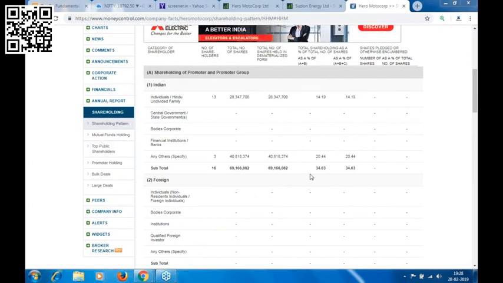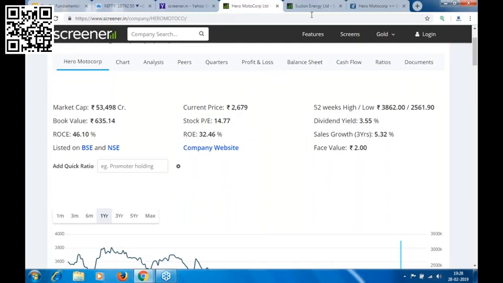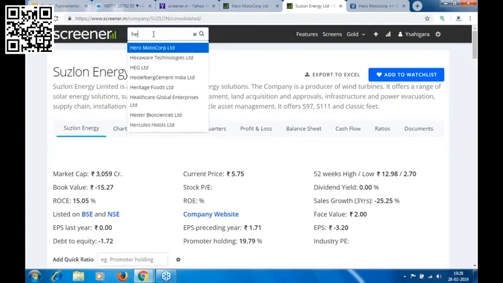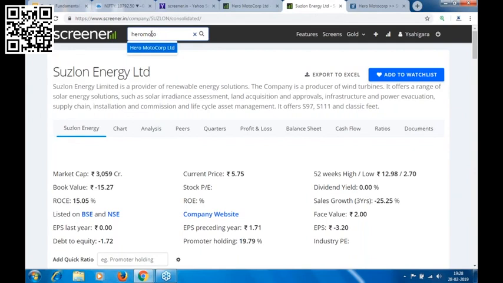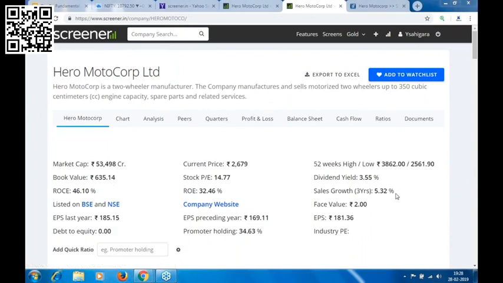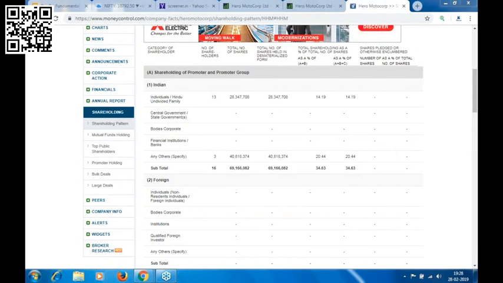So here it is showing 34.63%, which we saw over here in Hero Moto. Promoters holding 34.63%. So this is the same figure that you can get over here, 34.63%.